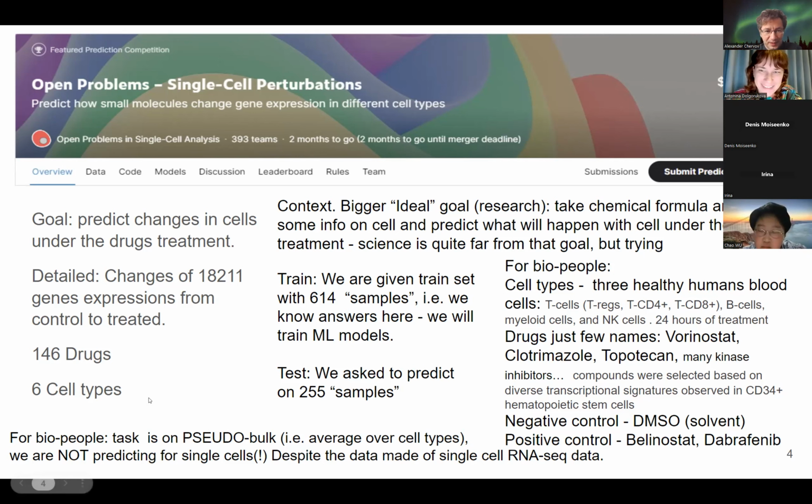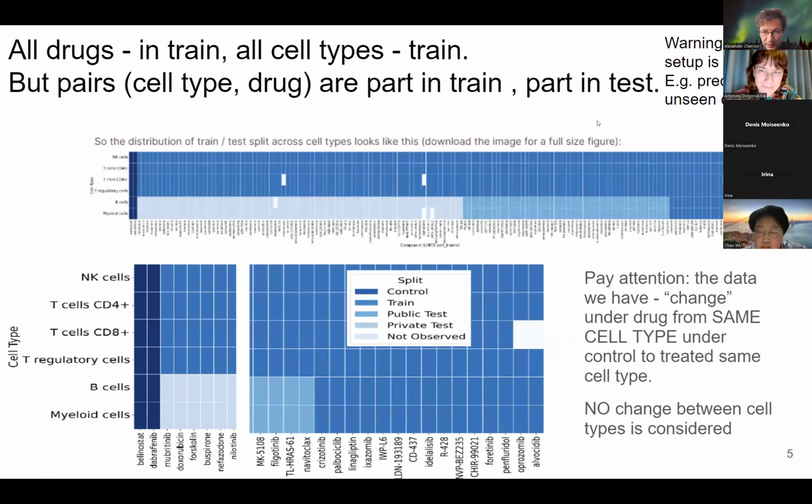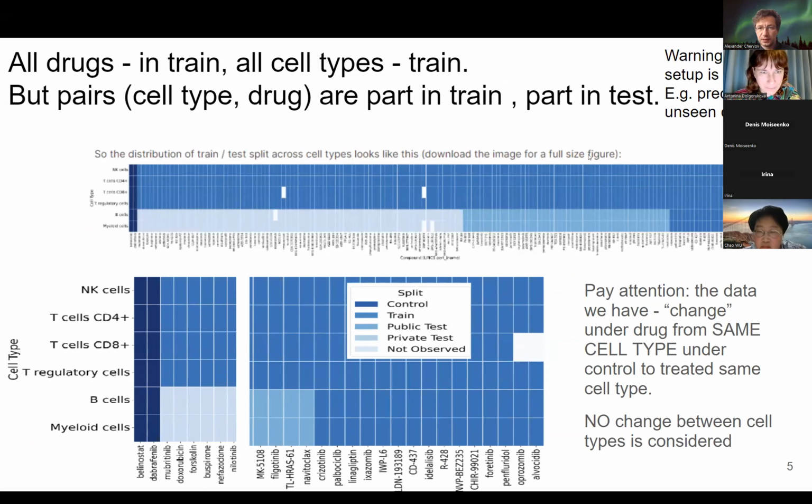Yes, but let's go to the next slide. So that answers your question in some sense. The important thing which we should understand is the following. The drugs in the train and in the test are the same, and we have the same cell types in the train set and in the test set.